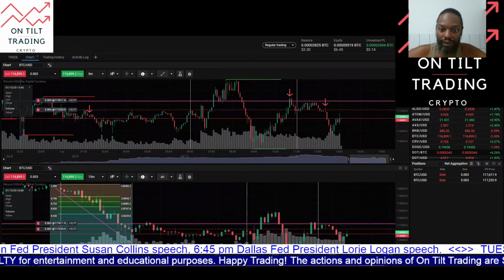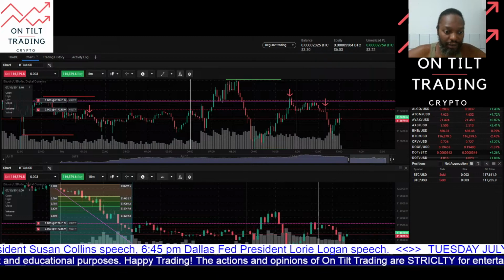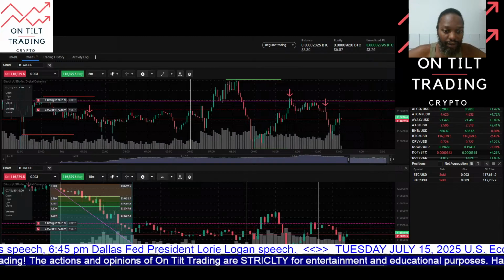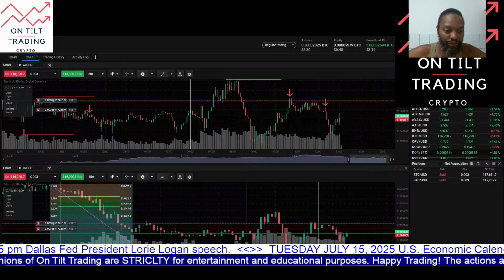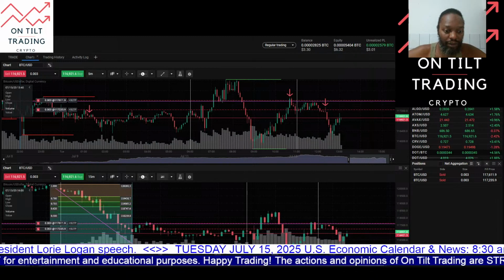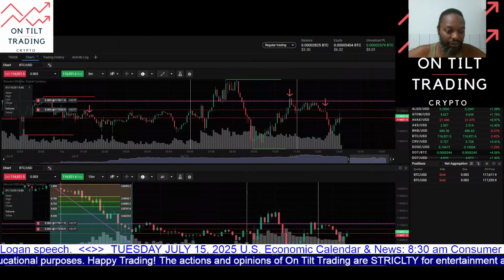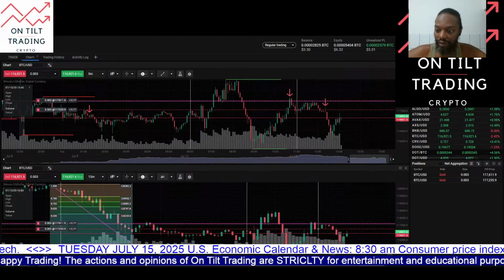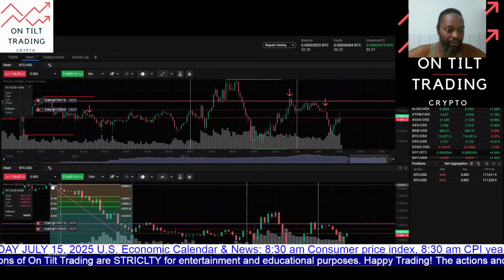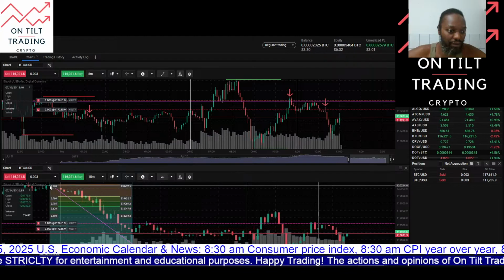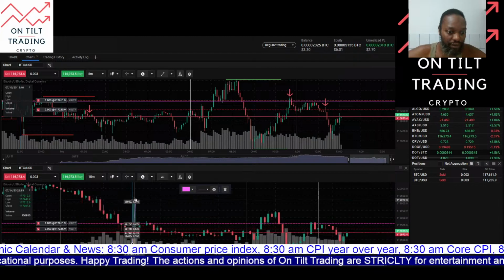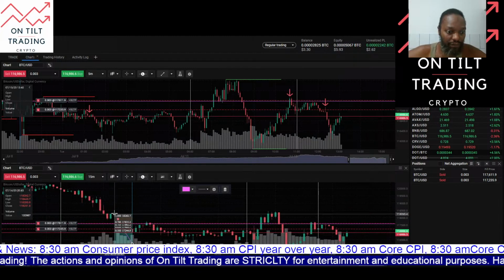And you can see price consolidating here in this range, so not sweeping out of the range and not buying into the range either. And actually I'm probably keeping my range a bit wide here.